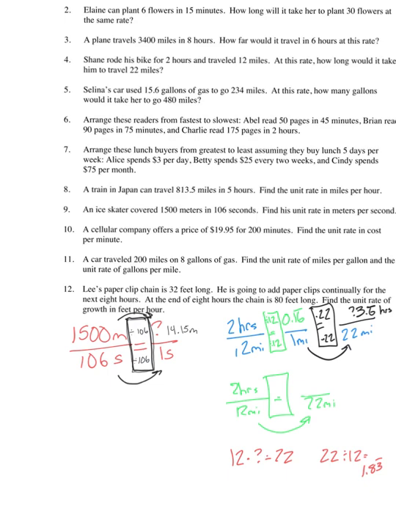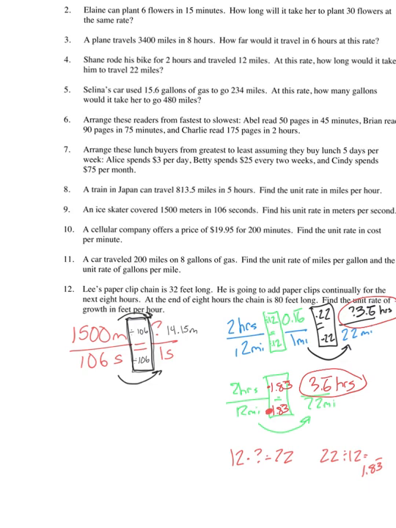So then this is going to be times 1.83 repeating. I have to do the same thing on the top. And if I take 1.83 repeating times 2, I'm going to get 3.6 repeating hours. So you're going to get the same answer either way.